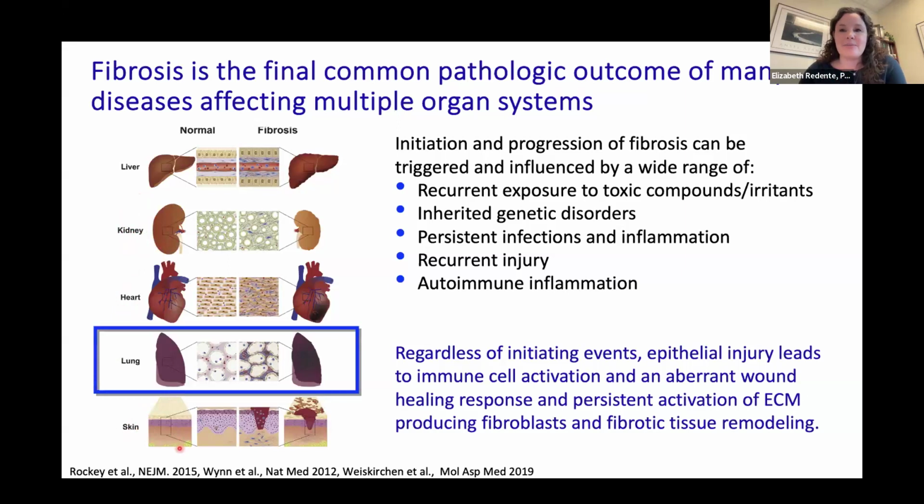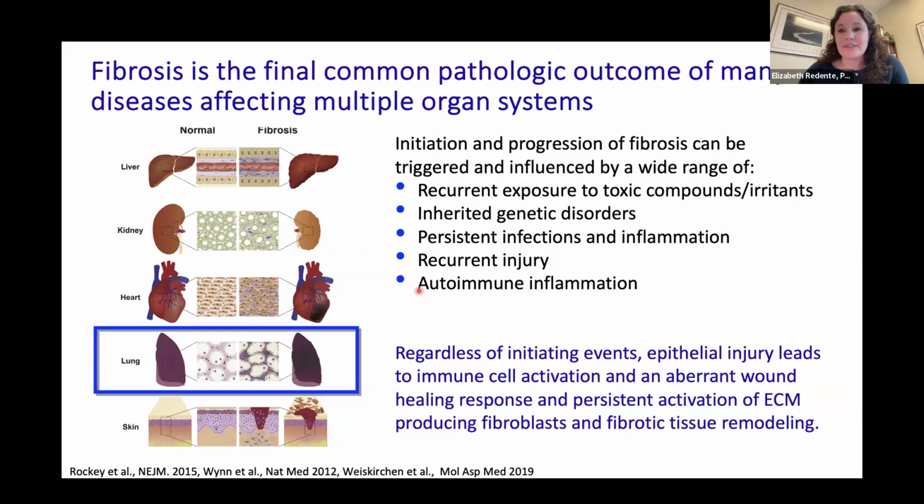The initiation and progression of fibrosis can be triggered and influenced by a wide range of different things. They can include recurrent exposure to toxic compounds or irritants, inherited genetic disorders, persistent infections and inflammation, recurrent injury, and association with autoimmune disease.